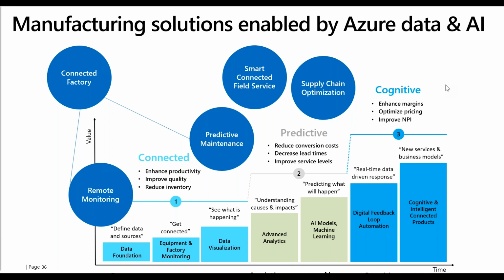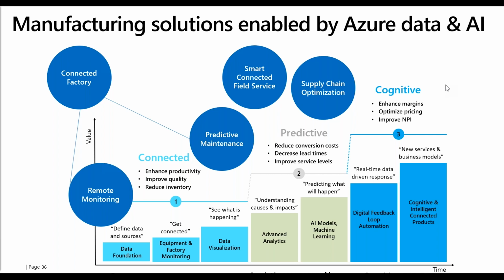You then need to define your data sources as we have here. So where's the data coming from? And as you move towards the right, you get more and more sophisticated from a data perspective. You start with your foundation, then you put your analytics in there. You can start moving into AI models. You can start moving into cognitive models. So that's the journey from a data perspective.